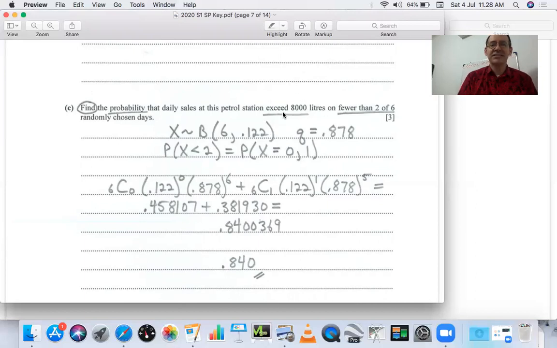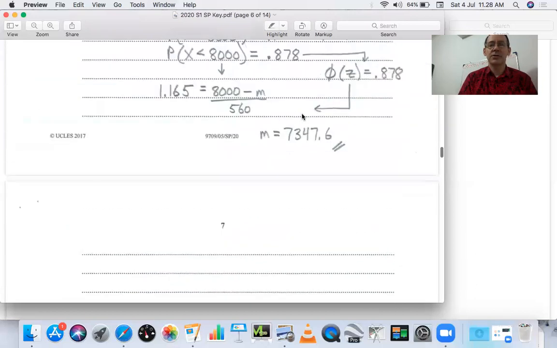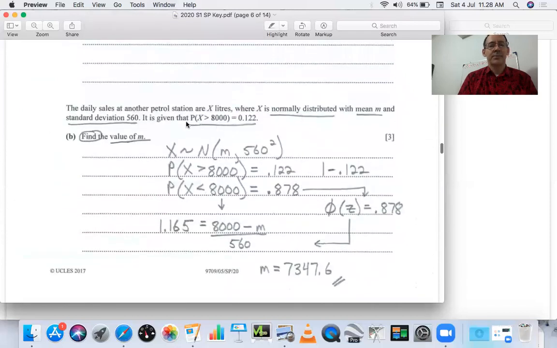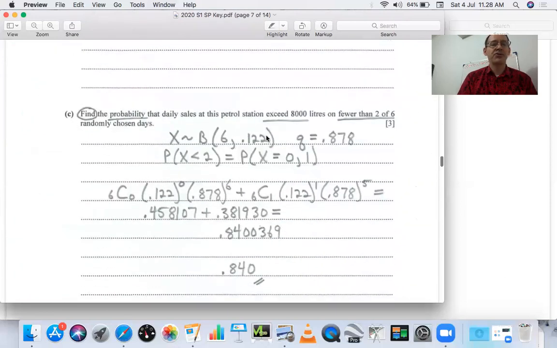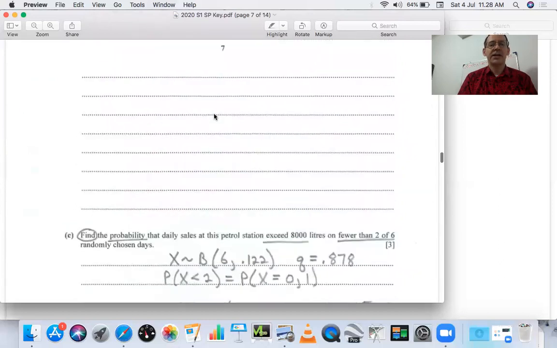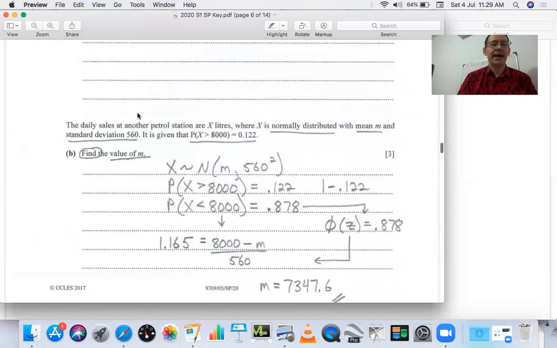Notice it says it exceeds 8,000 liters. Oh, that was back here. The probability that it exceeds 8,000 liters is 0.122. So you had to look back to find this probability. Notice this is the same petrol station as back here.